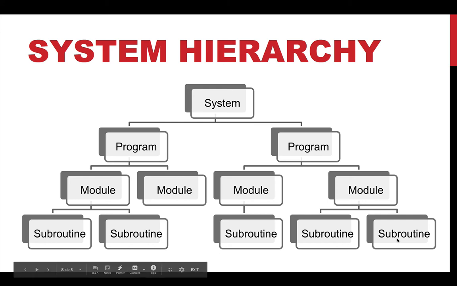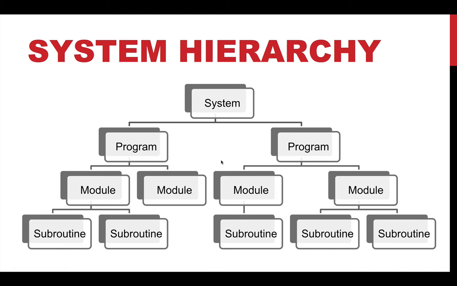Now, you'll very unlikely ever get a system that has 1 system, 1 program, 1 module, and 1 subroutine. That doesn't really make sense. More than likely, you'll get 1 system. If it's smaller, you might only get 1 program. Then you'll likely have 1 or more modules.